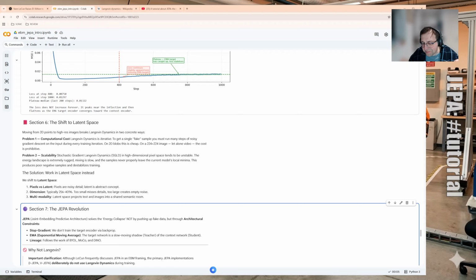You have a very nice, dense gradient that gives you a better signal. And as I mentioned before, with JEPA you have a sampling-free approach. You're not really doing sampling, right?